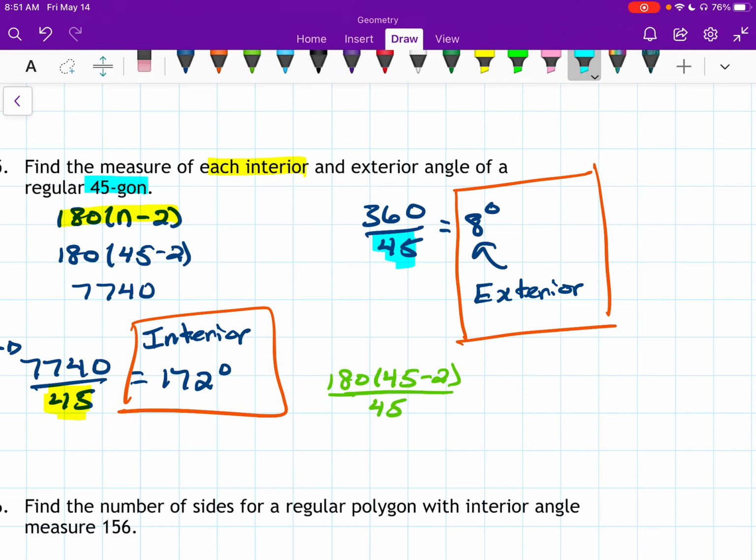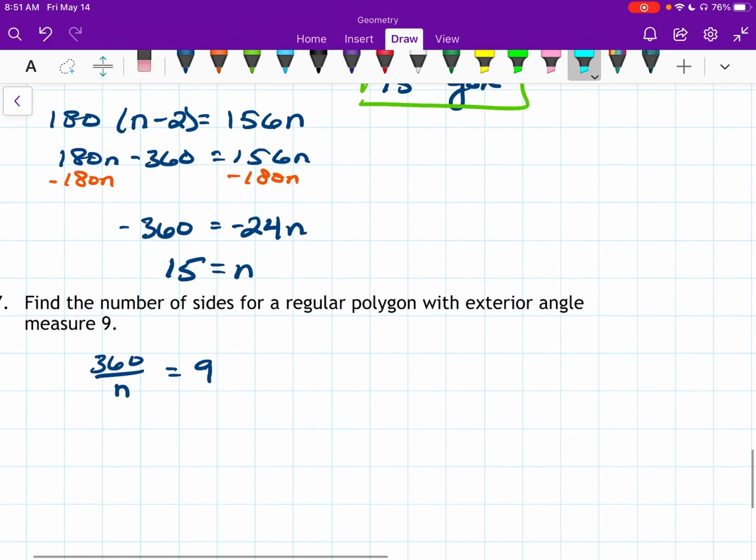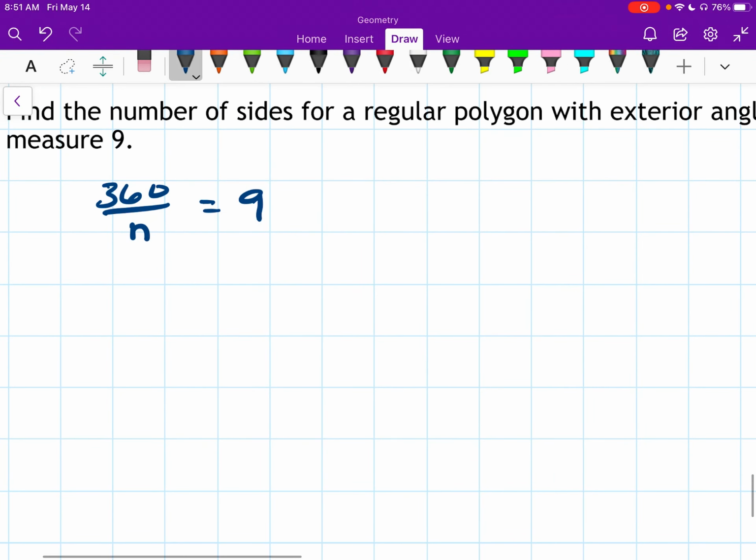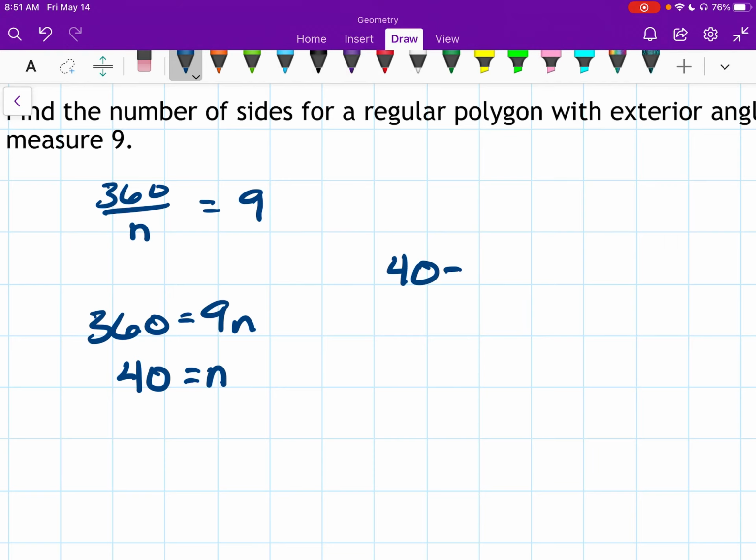Now we don't know how many sides it is, so we're just going to divide by n. So here I'm going to multiply by n to start off with, so I have 360 equals 9n, and then I'm going to divide by 9, so I have 360 divided by 9, and that gives me 40. 40 equals n. So it's 40 sides, we'll say a 40-gon.